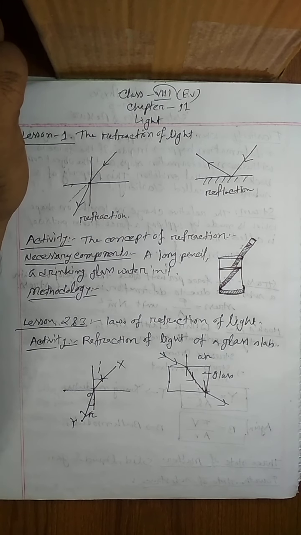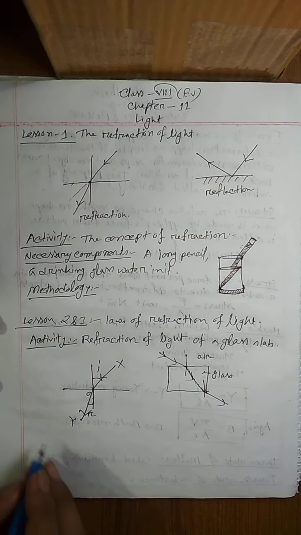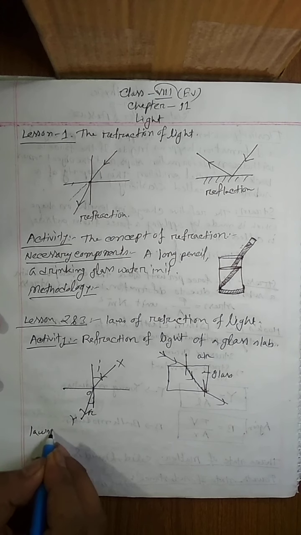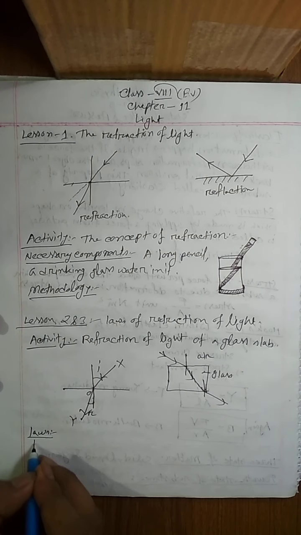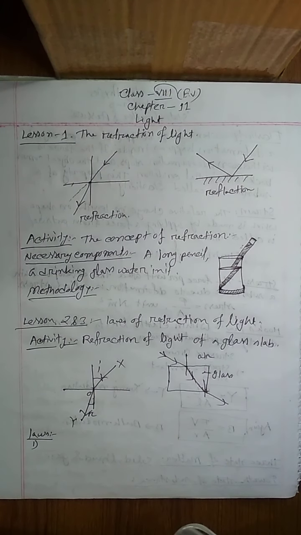So we can discuss the laws. One, when a ray of light enters from rarer to denser medium, it bends towards the normal, and the angle of incidence is greater than the angle of refraction.